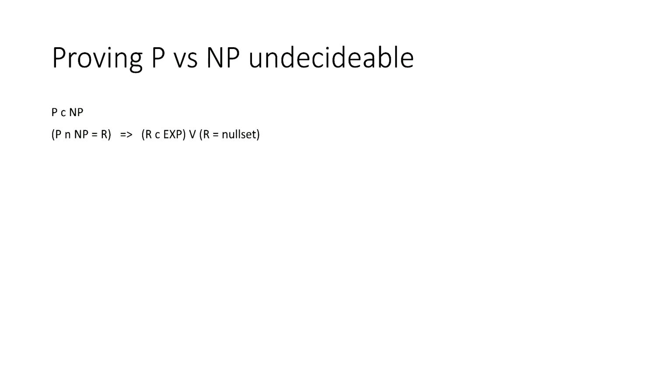If we were to make this proposal, if we find that the intersection between the two is some sort of set R, it should imply that R could be in the space of exponential algorithms, or it's just a null set.